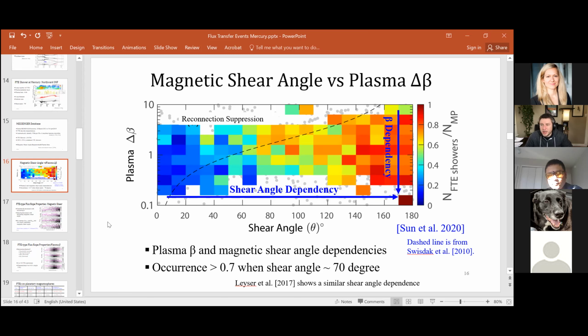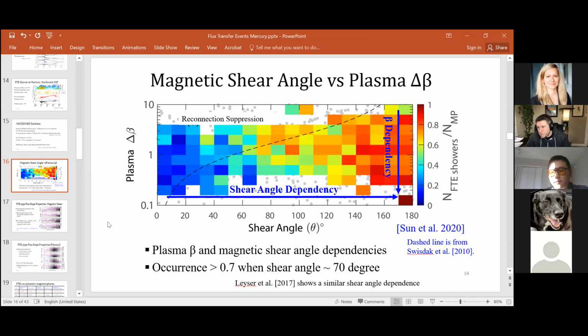I'm wondering how you calculated the shear angle and the delta beta. Are those at the Mercury location, or did you try to estimate delta beta and shear angle at the subsolar point or wherever you expect the reconnection to be occurring?